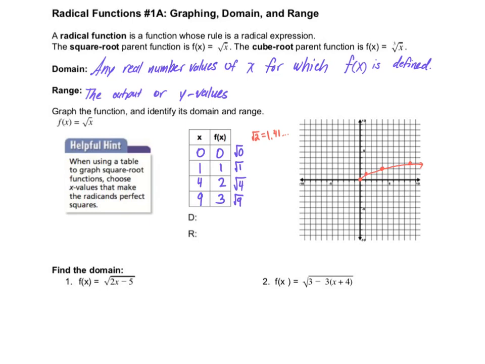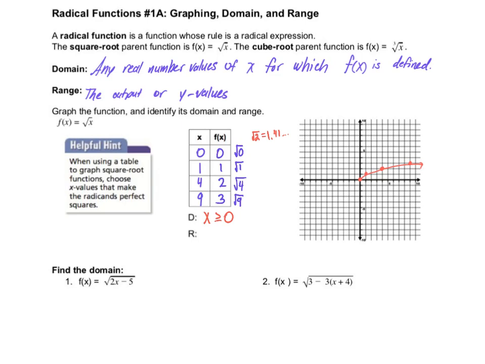So that leads us into our domain and range. Our domain are any x values that are covered by this graph. Well, we could say x is greater than or equal to 0. The reason for that is we cannot square root a negative number, because for a square root, we need a number times itself.